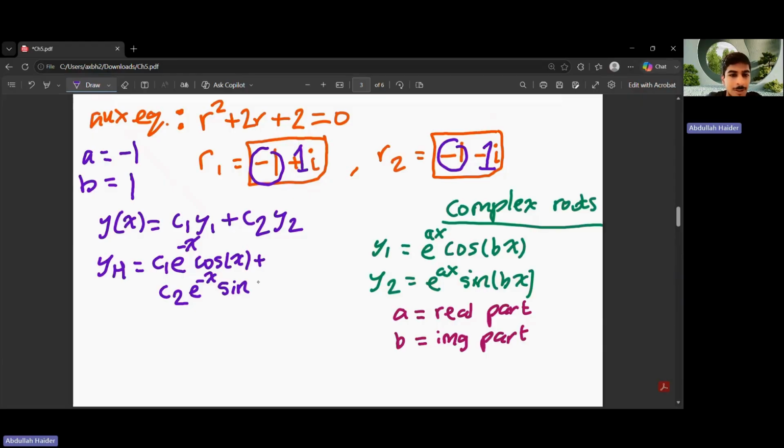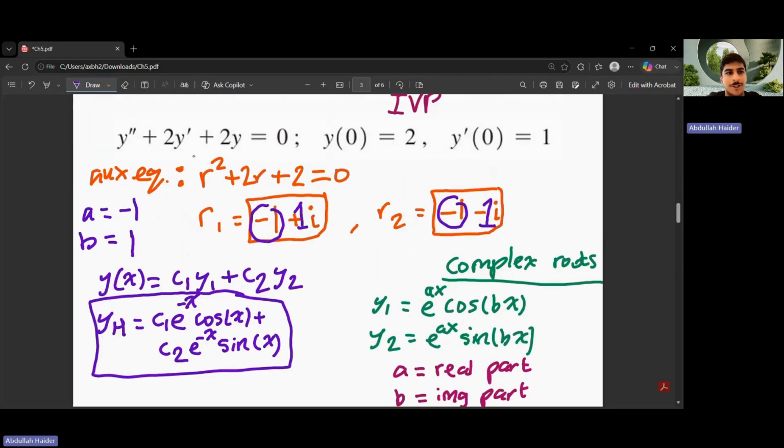Now b is 1, so sine x. This is our solution to the homogeneous equation, y double prime plus 2y prime plus 2y is equal to 0.